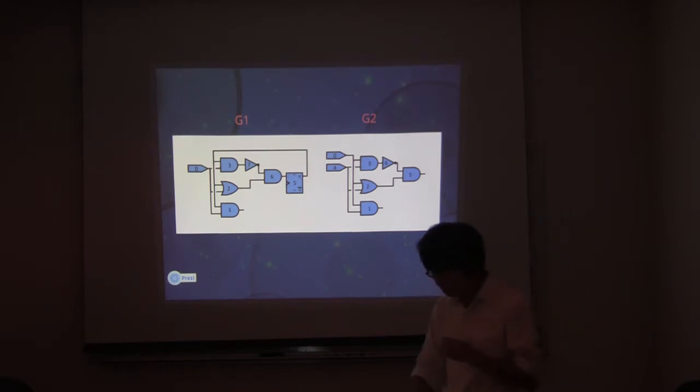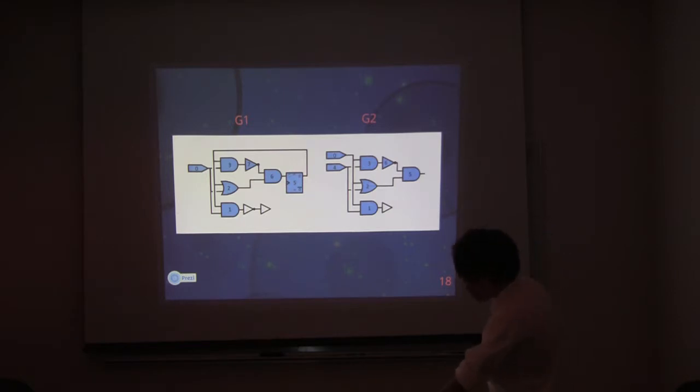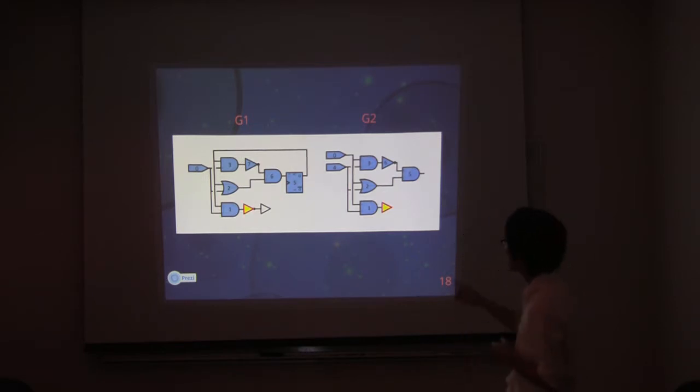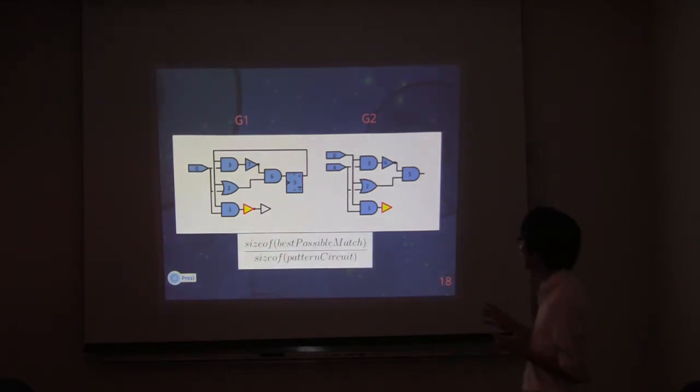However, if we extend both graphs such that G1 has an inverter attached and G2 has a buffer attached, and we continue on the path, we see that both nodes are not the same. Because they're not the same, we don't want to rule out the possibility that these two graphs are still similar. So we devised a similarity metric between the two graphs.